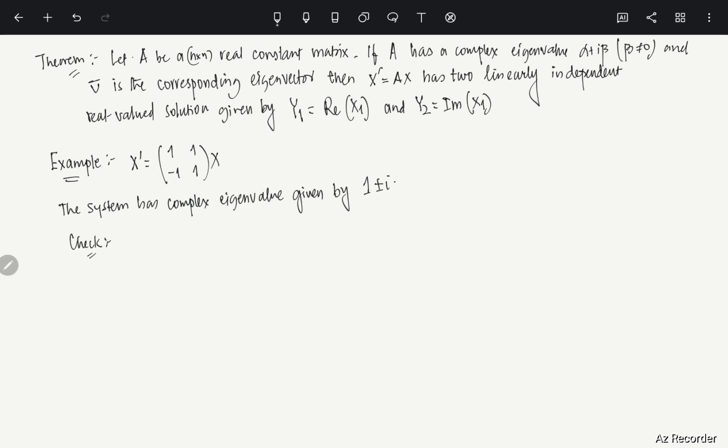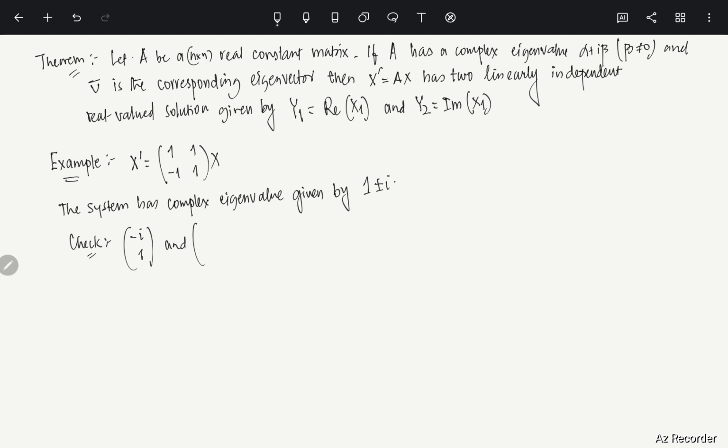I am not 100% sure about this calculation. As far as I can calculate, Av equals lambda v, right? So if you calculate it, it should look like minus i and 1, and another one for 1 minus i, it should be i, 1, right?